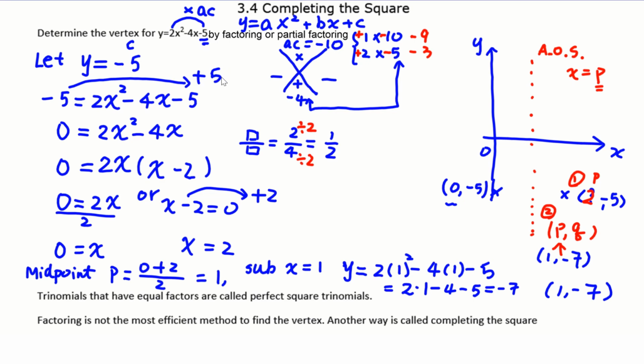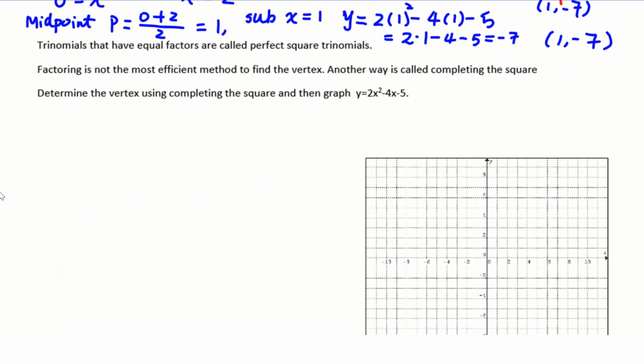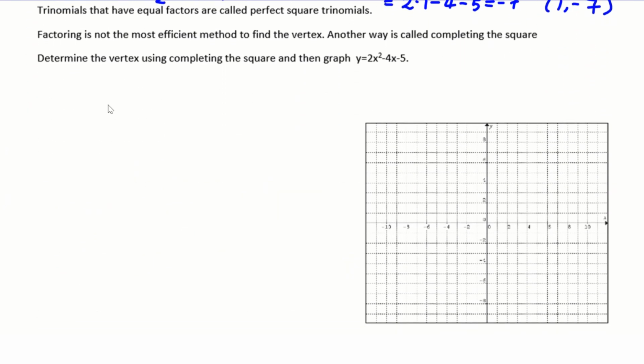And today we are going to show you another method, where without factoring, we find the vertex right away. That is what we call completing the square. So that is today's task. Factoring is not always the most efficient.